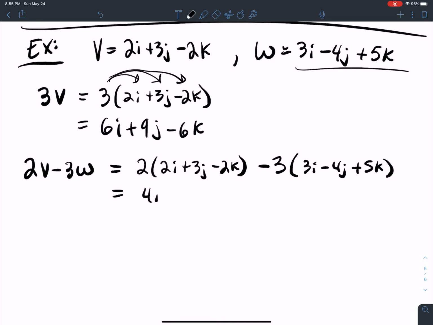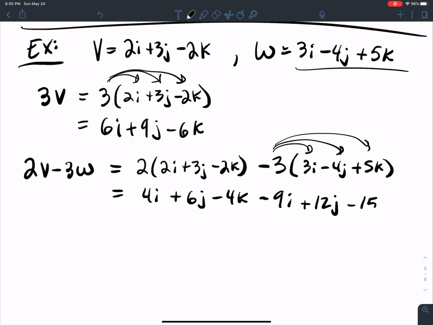So I get 4i plus 6j minus 4k, and then this becomes minus 9i plus 12j, and then minus 15k. And so collect my i's, I get minus 5i. Collect my j's, I get 18j. And collect my k's, I get minus 19k here.